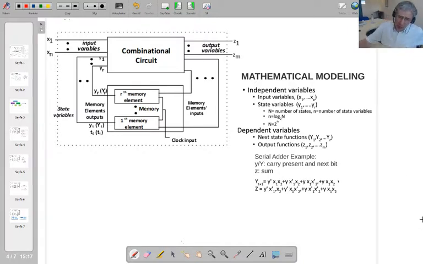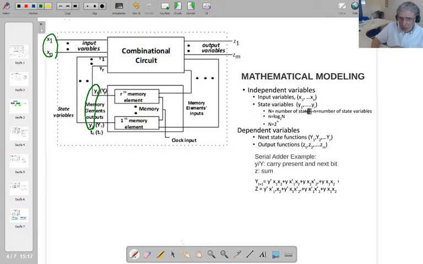What we've got here in this modeling, we have the input variables, independent variables. And also the other independent variables are the present state variables. These are independent ones: input variables and state variables.